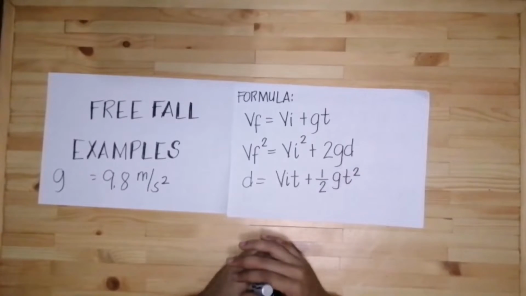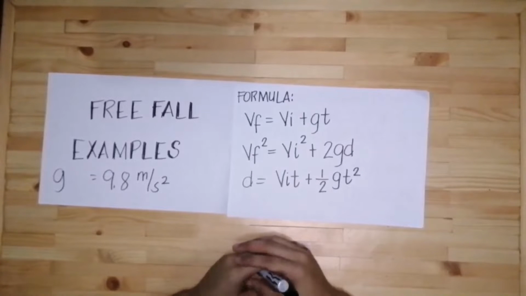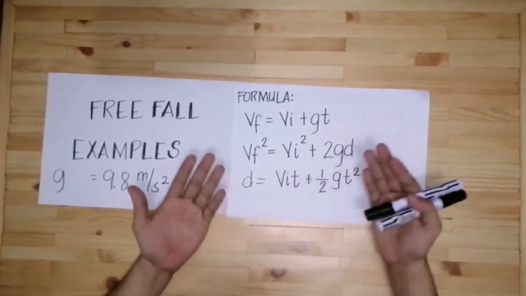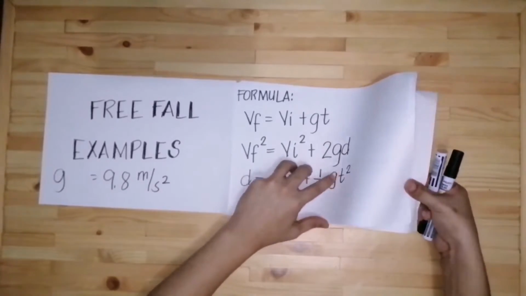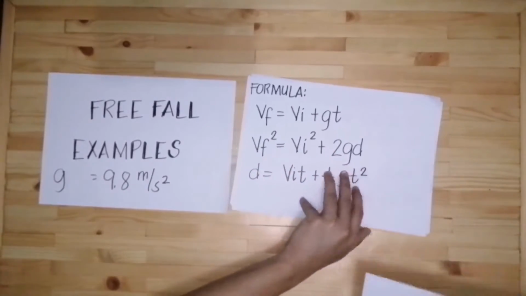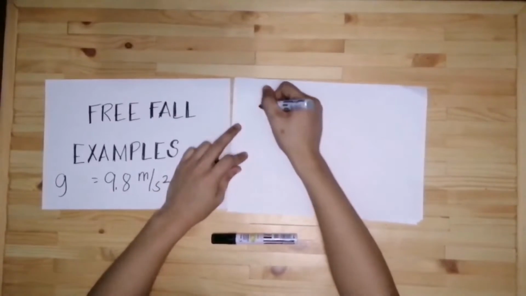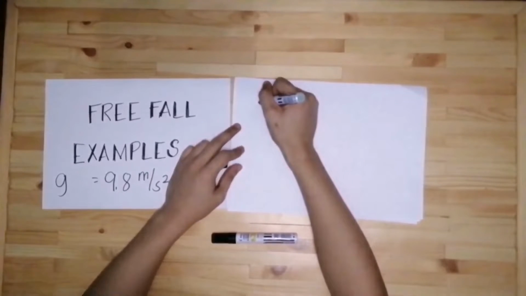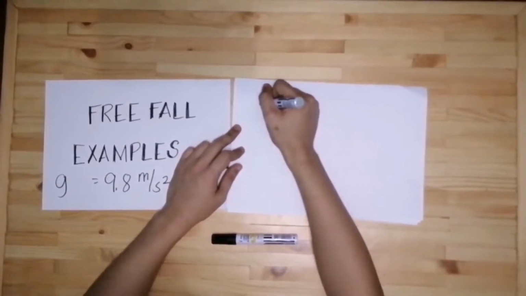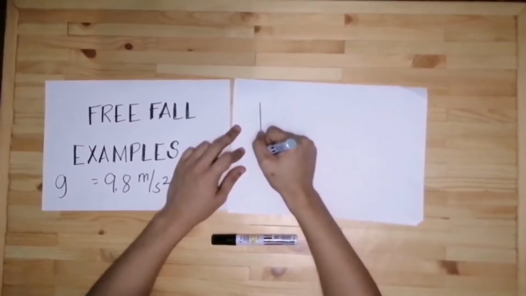Okay? Now, we need to understand what type of free fall motion is involved in a given problem. There is free fall where the object is being dropped from a certain height.